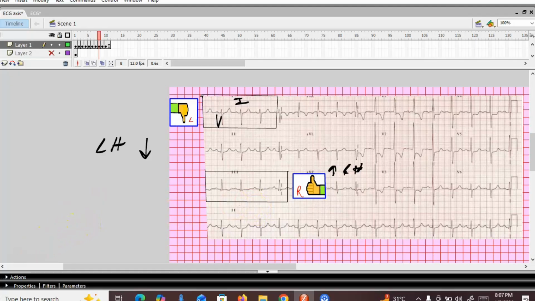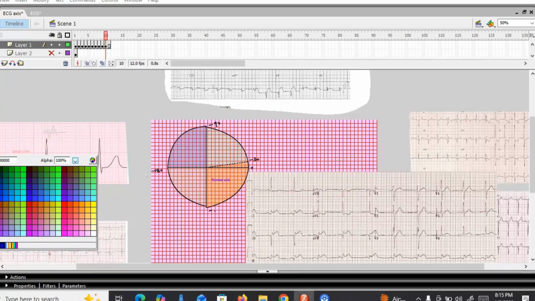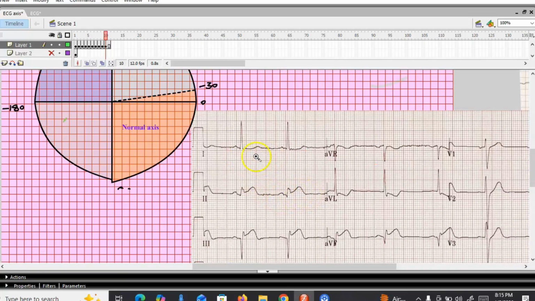You can also calculate the axis on the graph paper. See over here. If we consider this ECG, here we can see in lead 1 the R wave is quite tall.